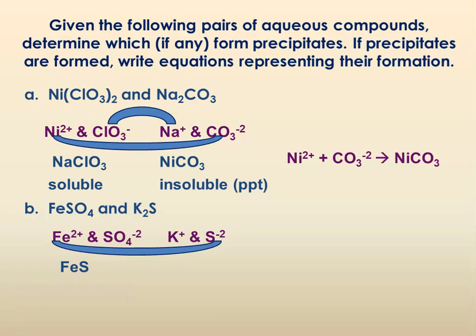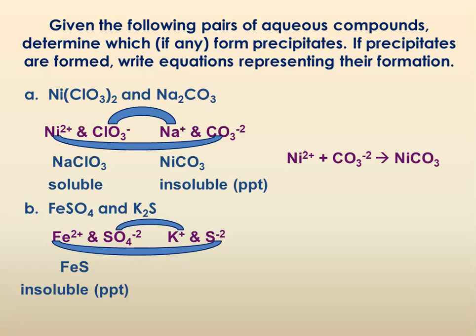Sorry, I forgot that I had to do the other part first. With FeS, if you look at your rule for sulfides, you will see that Fe is not one of the exceptions. So that did not generate a soluble substance. This would be your precipitate. But we do want to check out K and SO4 because you could have more than one precipitate form when you mix two aqueous solutions together.